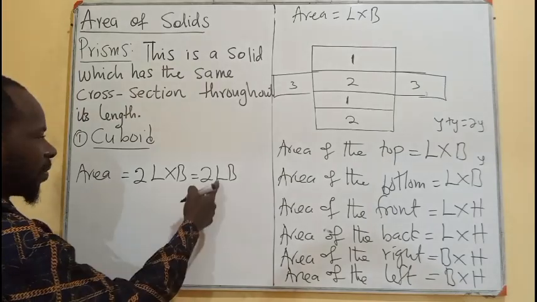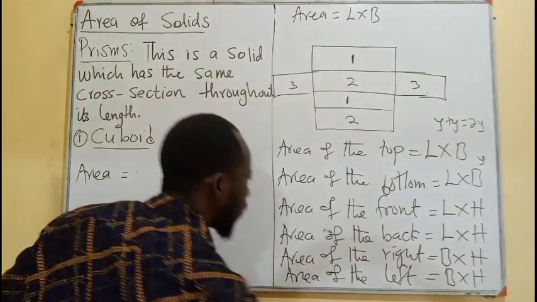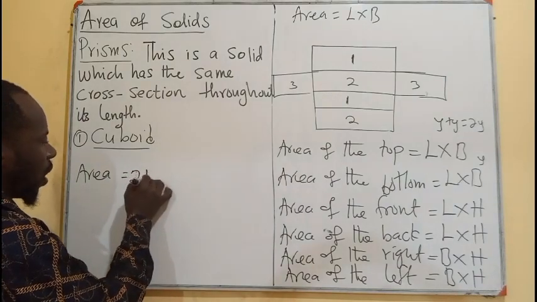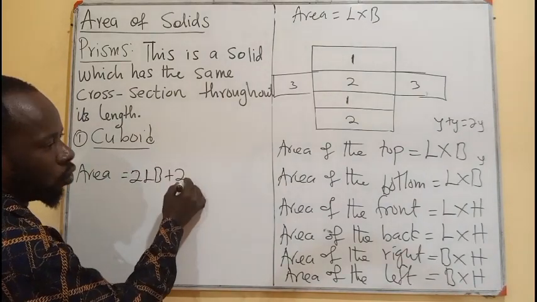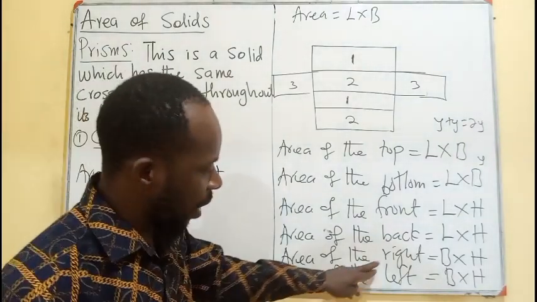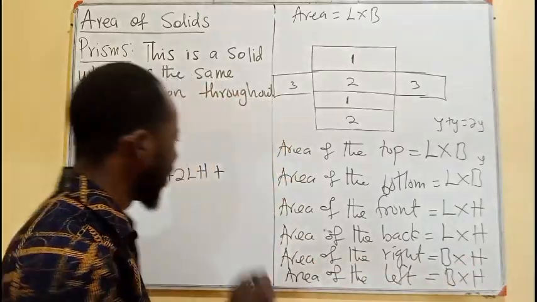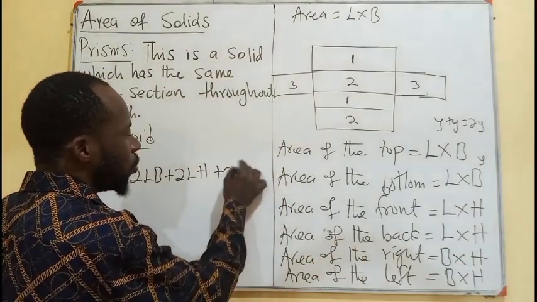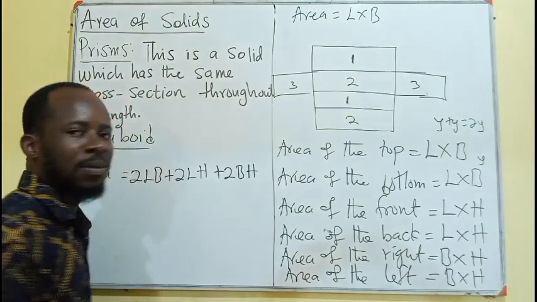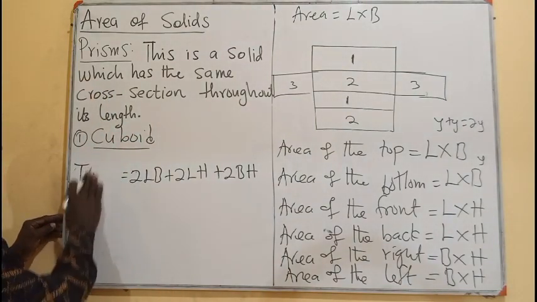Meaning I'll be having 2LB plus 2LH. Then the next one is going to be, if this is Z plus Z, it will be 2Z. Therefore, it will be 2B times the height.